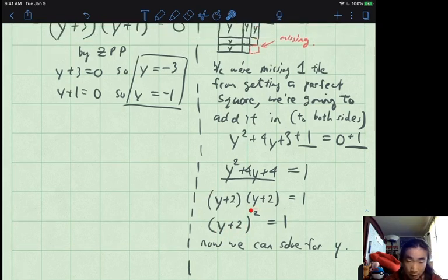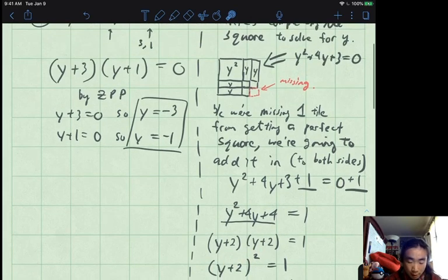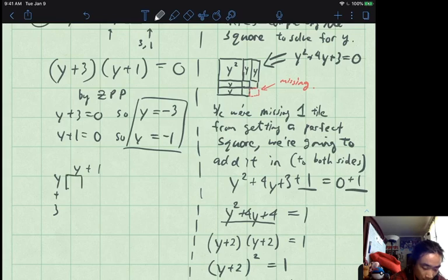Yeah, like here, yes. And the length and the width are the same always, right? Because like in this picture over here, we drew a rectangle. It looks like y plus 3, y plus 1, right? So that looks like 1, and then 1, 2, 3.